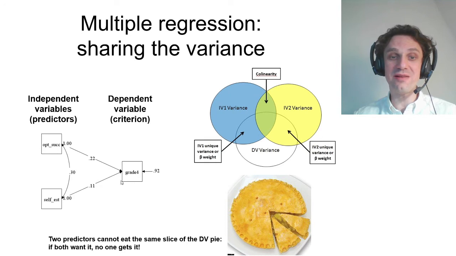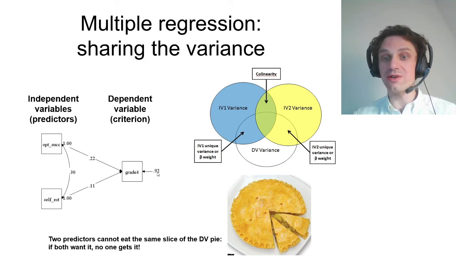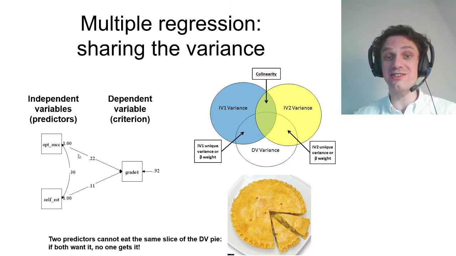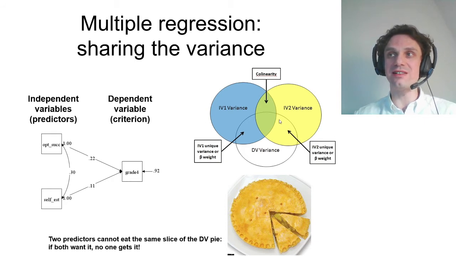Our dependent variable has some kind of variance, and its variance is comprised of error or some kind of sources of individual differences that we don't know, and it also is comprised of the effects of these two predictors. So what we are trying to do in regression is take all this variance of our dependent variable and separate it into portions.